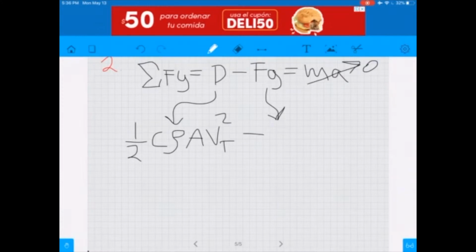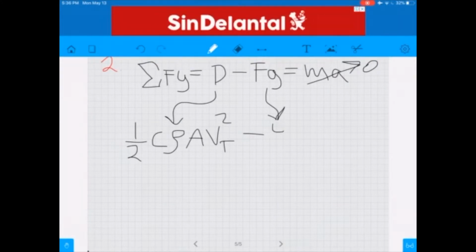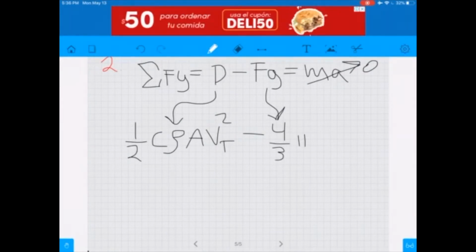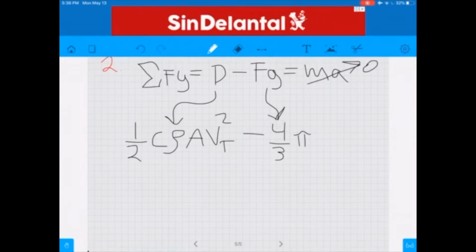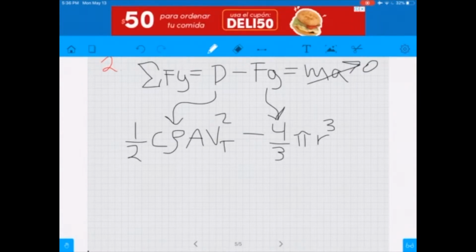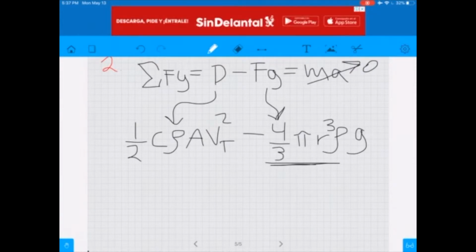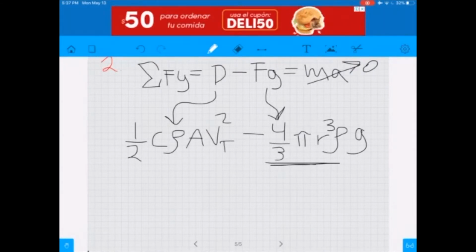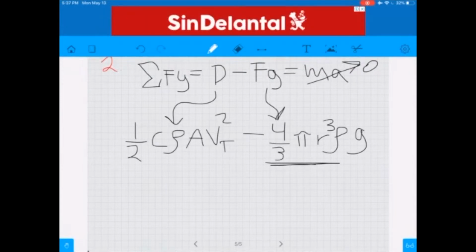This minus 4/3 times pi r cubed times the density times gravity. Okay, now this formula came out of the volume for our sphere. Since both objects are spheres, we won't have much trouble with those formulas.